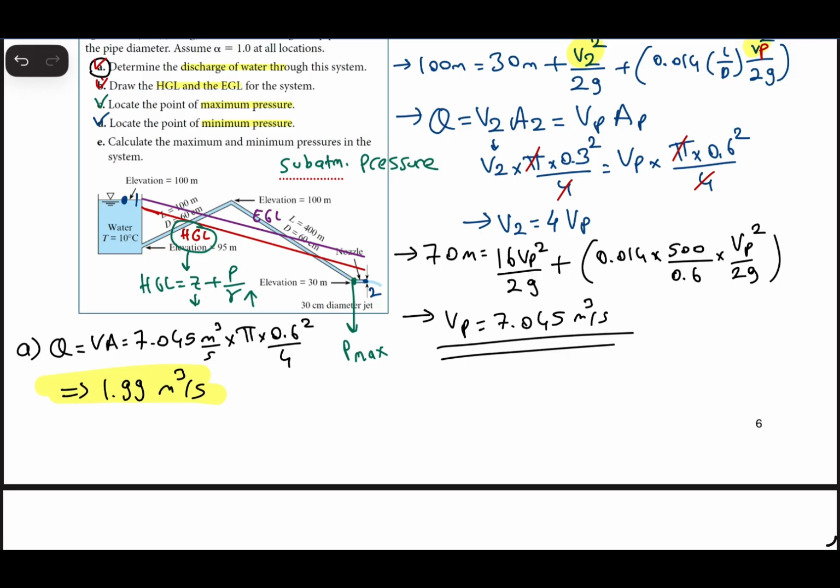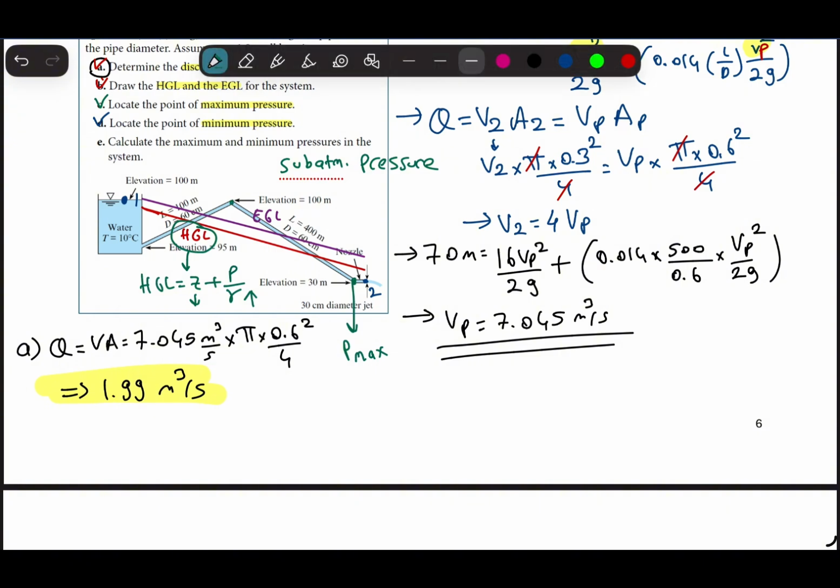We could have a zero pressure at this surface. But since this is a subatmospheric pressure, as I mentioned, hydraulic grade line is lower than the pipe center line, we have negative pressure. So this point is the minimum pressure point.